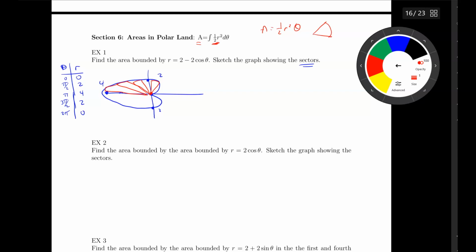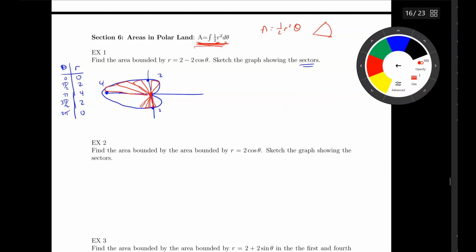You can see we cannot use rectangles, so we're going to be finding sectors. We'll be adding them up and letting the theta, the angle, get super small so that we're finding tiny little sectors, right? A very small angle, just like when we were doing rectangles, we let the delta x get super small and we found the exact area. So this is sectors that are getting super small.